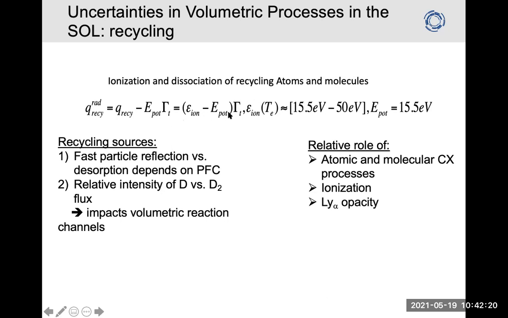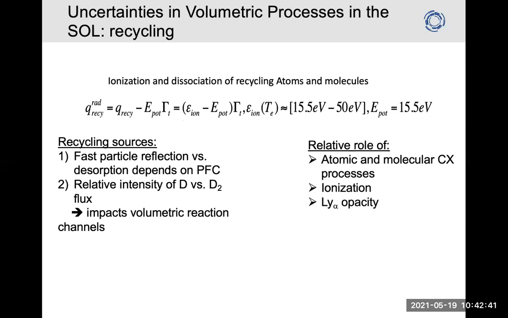But more precisely, because I told you last time, there's a step ladder-like ionization process. So neutrals are not instantaneously ionized. The electron in the neutral is excited and then can decay or be re-excited again by electron collisions. This is a step-like process.